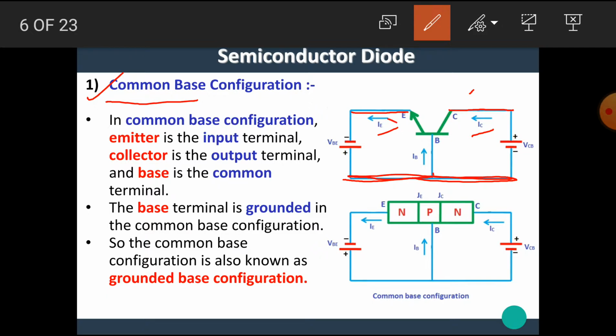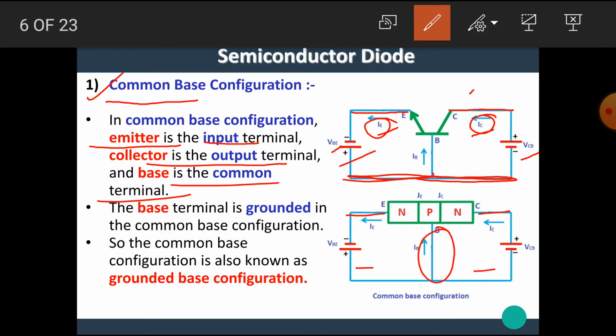Hence, here IE is the input current while IC is the output current. VBE is the input voltage, the voltage between base and emitter, and VCB is the voltage between base and collector. In common base configuration, emitter is the input terminal, collector is the output terminal and base is the common terminal between input and output.